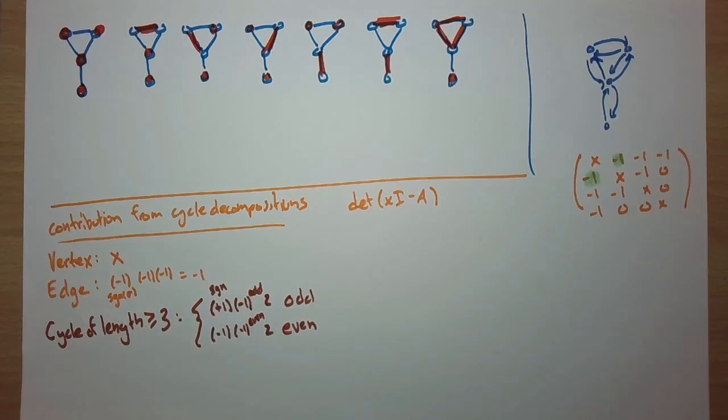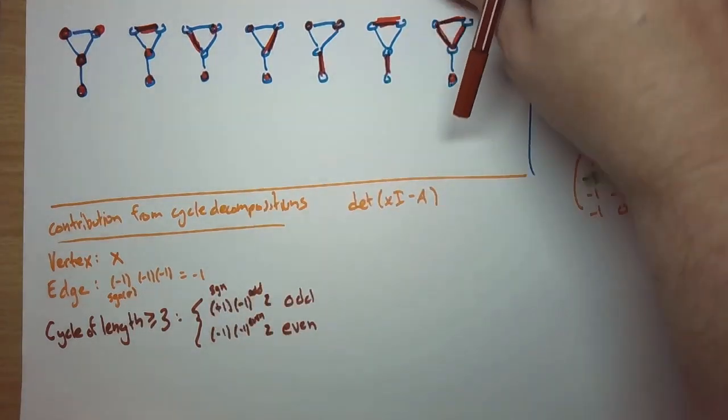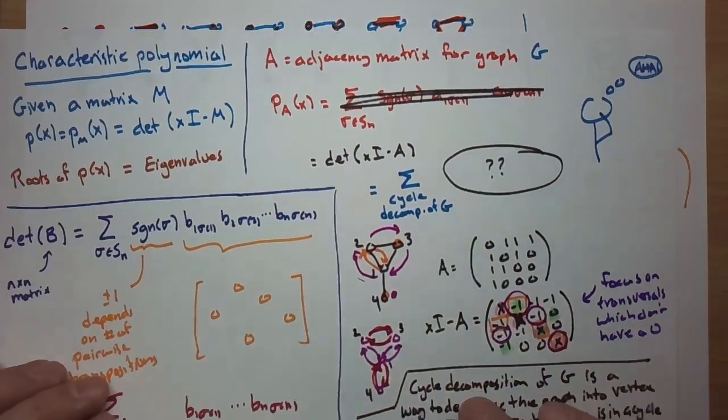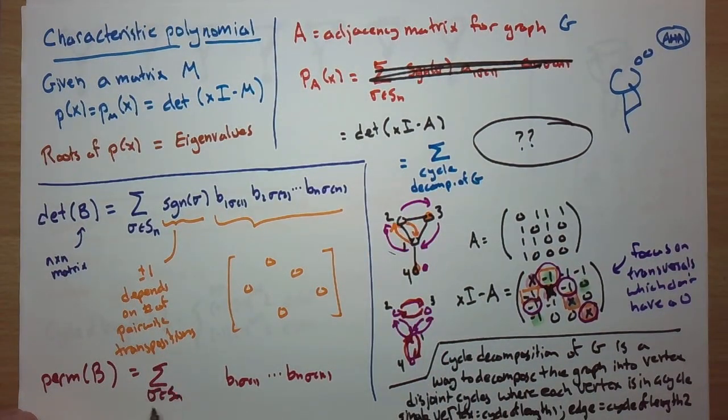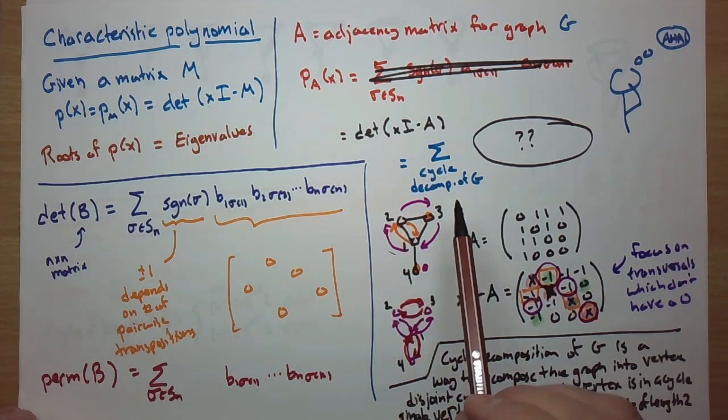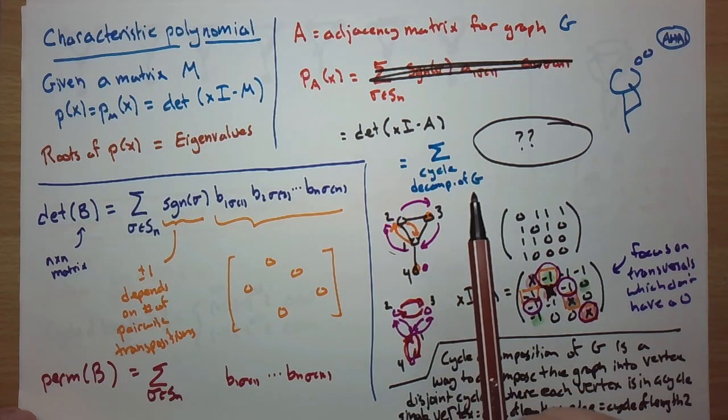When we talk about the cycle decomposition and sum over all the permutations, it's not that every permutation is a cycle decomposition.